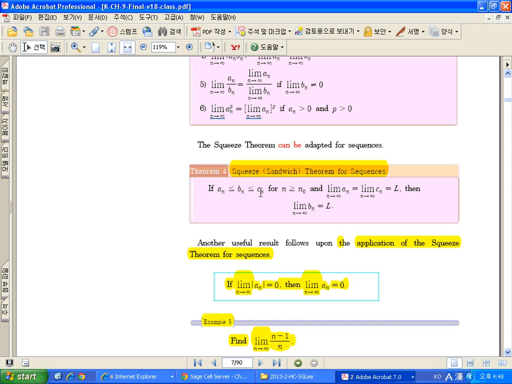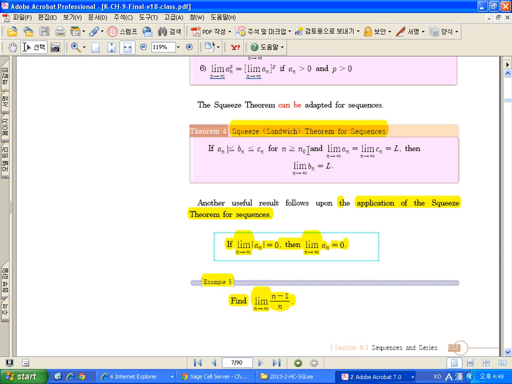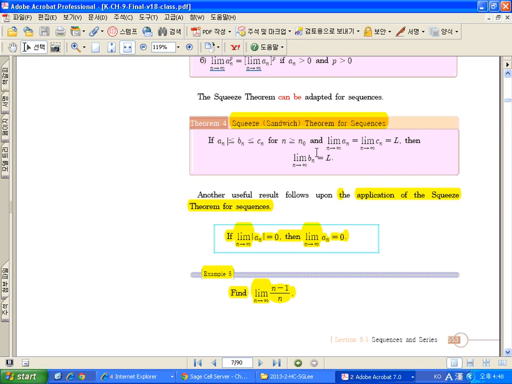If this goes to L and this goes to L, then the middle one should go to the same limit. That's what it says. It will be referred to later as the squeeze theorem or sandwich property.